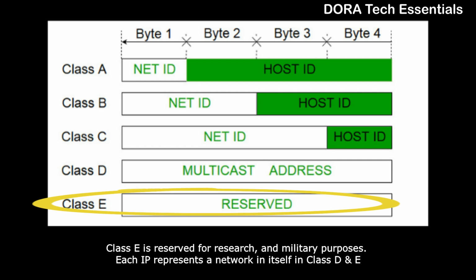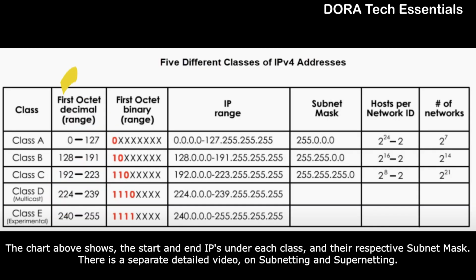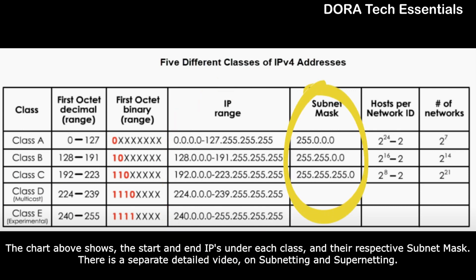Class E is reserved for research and military purposes. Each IP represents a network in itself in class D and E. The chart above shows the start and end IPs under each class, and their respective subnet mask. There is a separate detailed video on subnetting and supernetting.